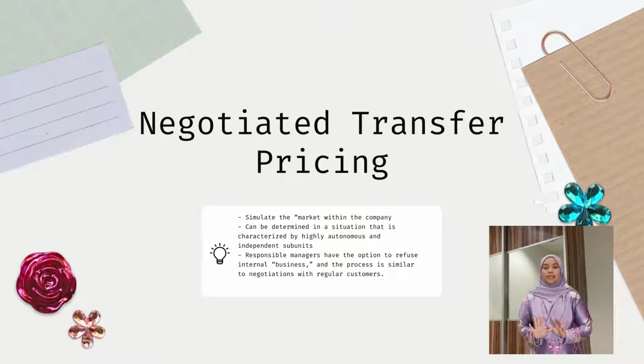These prices can be determined in a situation that is characterized by highly autonomous and independent subunits. It implies that responsible managers have the option to refuse the internal business. This process is similar to the way of negotiating with regular customers.